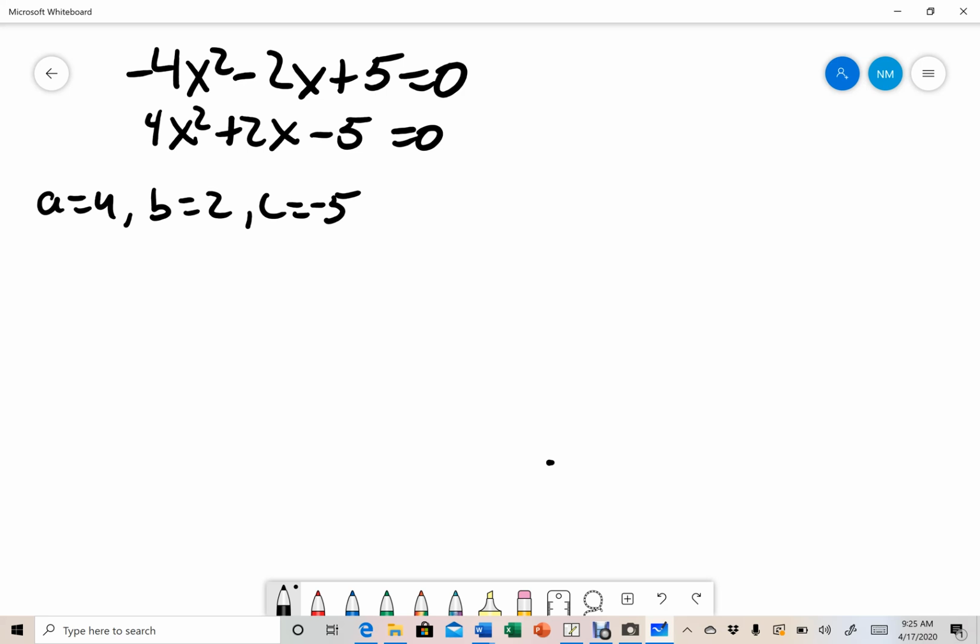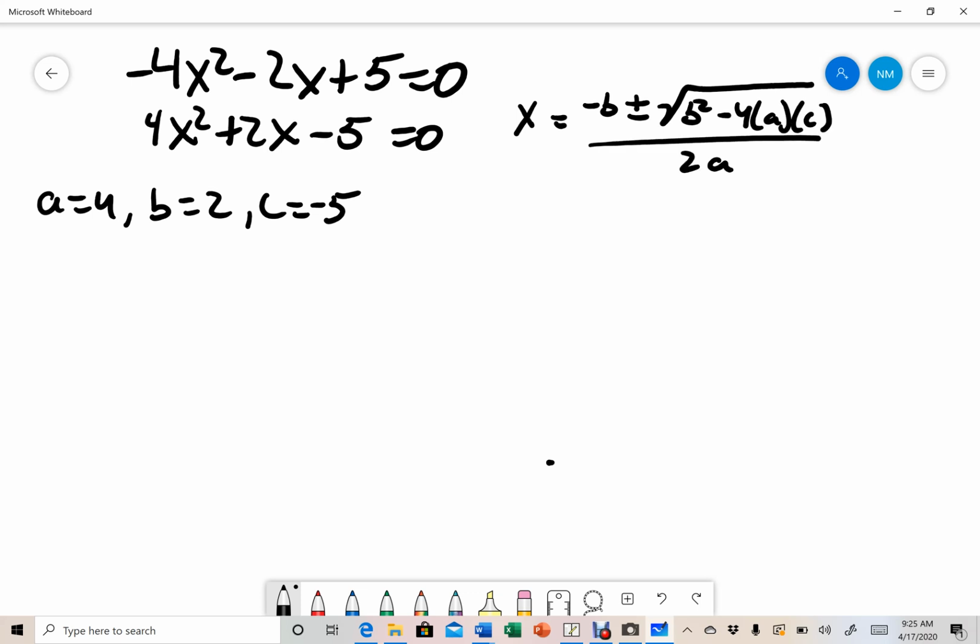Then I plug them into my quadratic formula. X equals negative B plus or minus the square root of B squared minus 4 times A times C divided by 2A, okay? So now I plug in my values, okay?